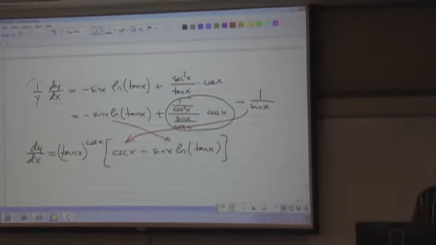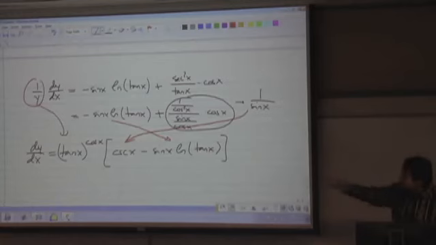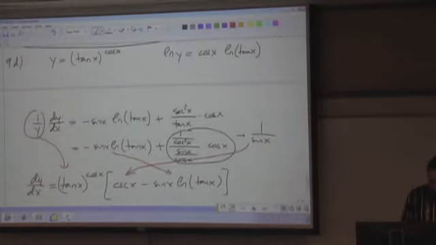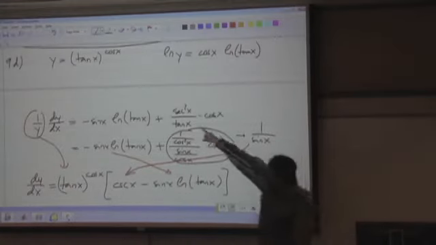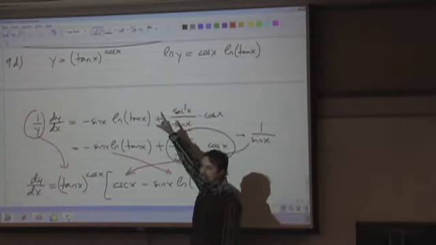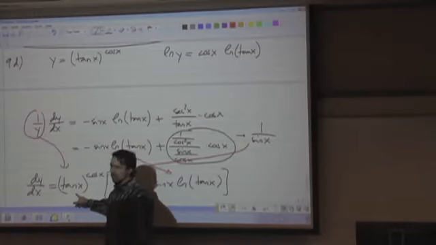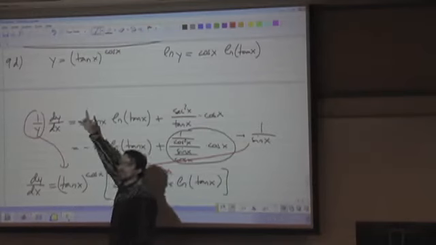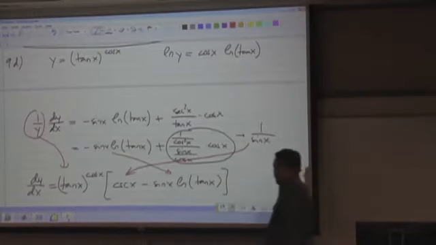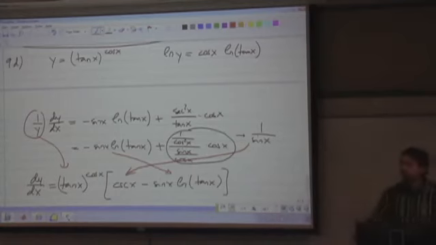And then I have 1 over y, which becomes that. y is tangent of x to the power of cosine of x. So when you solve for the derivative, the 1 over y becomes just y on the right hand side, and you just write what y is. I just skipped a step, which apparently may or may not have been a good idea.